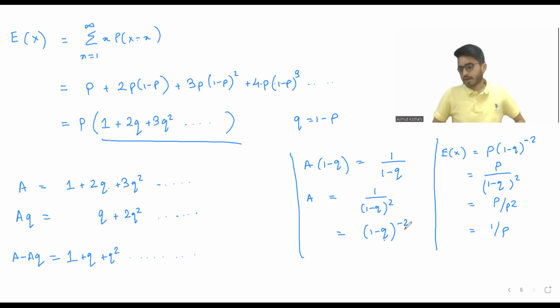Now let us try to attempt finding expectation of x square, which is going to be a little bit more difficult. Also keep in mind, there is a direct formula for an AGP. I'll be sharing that in the group later, or you could directly Google as well. We can directly find the summation of an AGP. Here we are seeing that the progression is in the form of 1, 2, 3, 4, and so on.